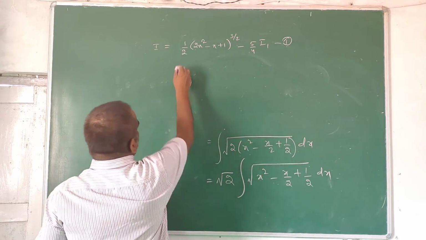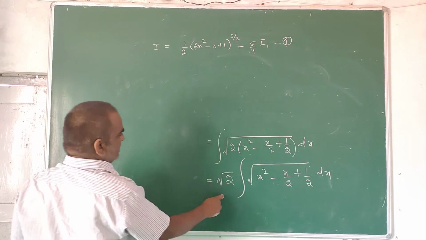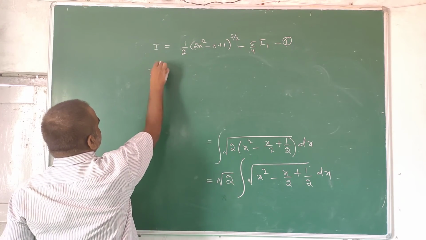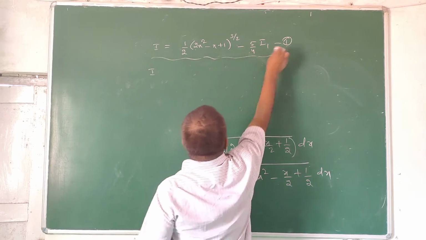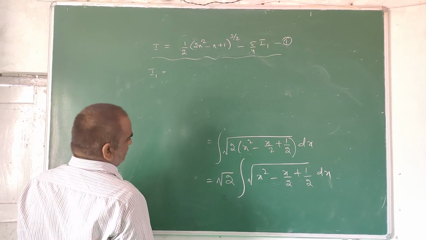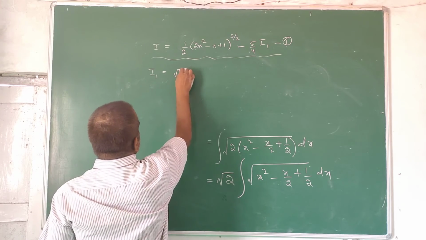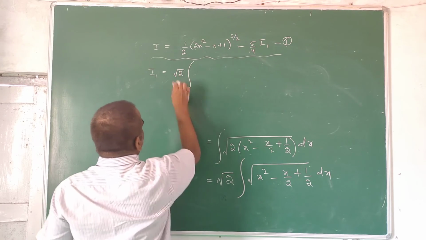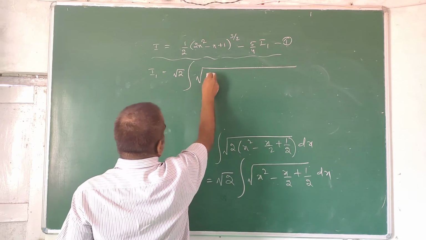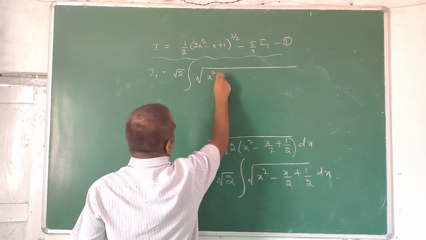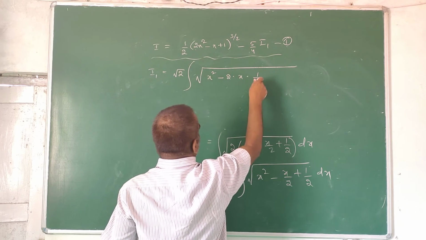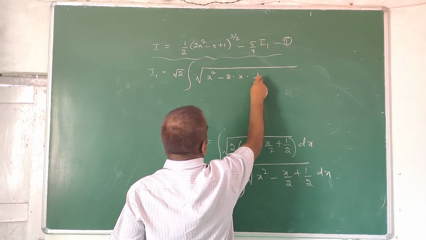So now we are simplifying I1, right? That I1 continuation step, I1 is equal to root 2 into integral root over a square minus 2 into a into, here you multiplied, so here also you have to multiply, so it becomes 4.